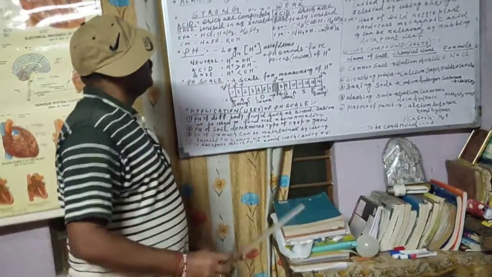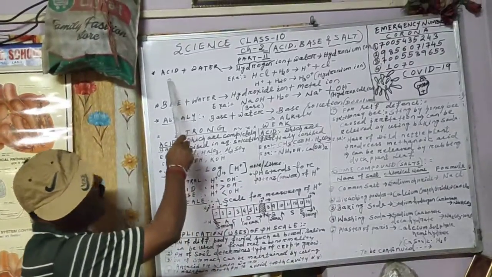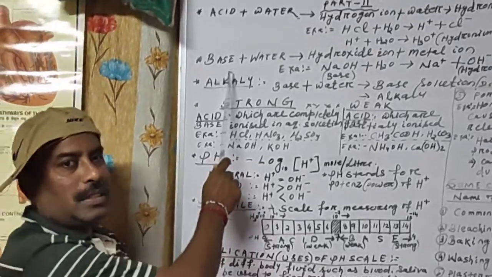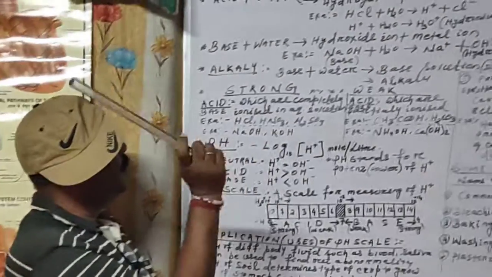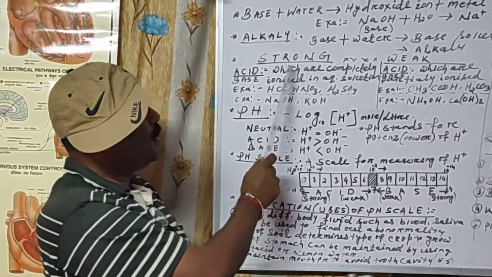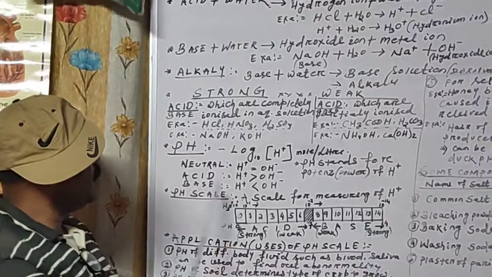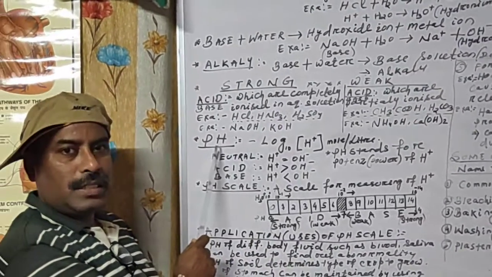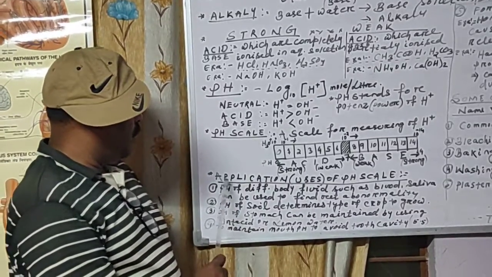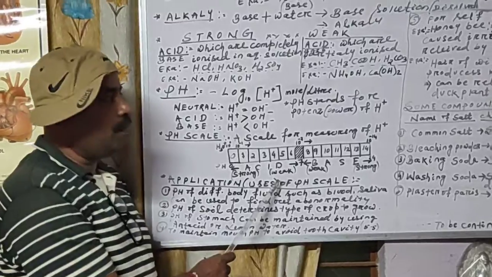The main points we have to discuss are how acid reacts with water, how base reacts with water, what is called alkali, what are strong acid, strong base, weak acid, weak base, what is called pH, what is called pH scale, what are the applications of pH scale in our everyday life.